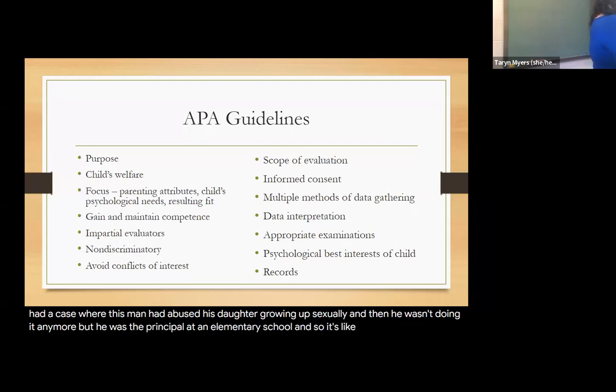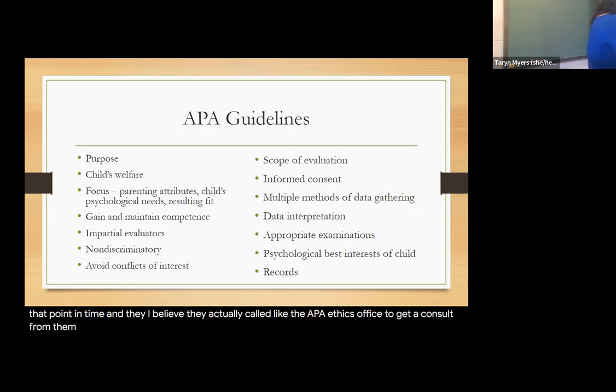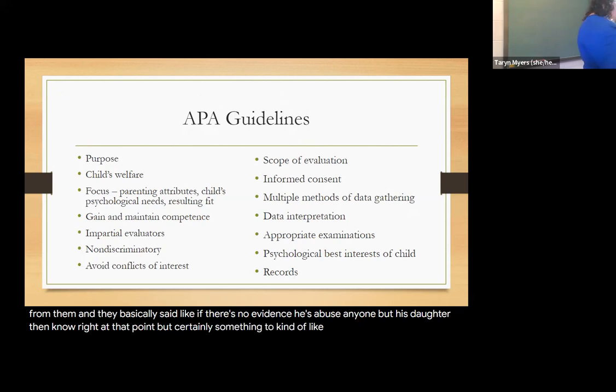And so it's like, do we report him at that point in time? I believe they actually called the APA ethics office to get a consult. And they basically said, if there's no evidence he's abused anyone but his daughter, then no, right at that point. But certainly something to be monitoring, obviously. So yeah, it can get really complicated.